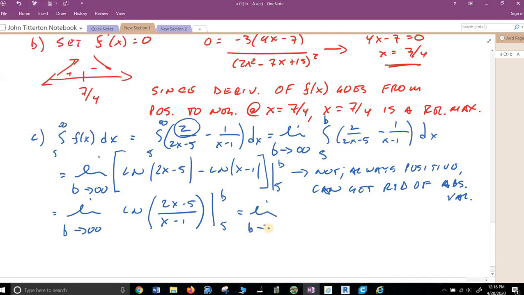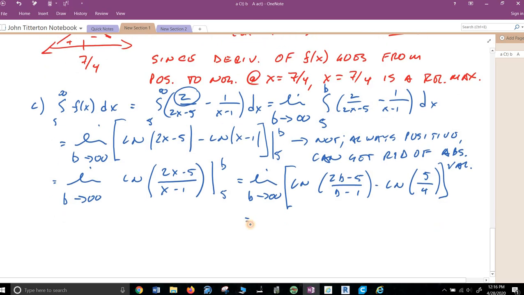Limit as b goes to infinity, ln of 2b minus 5 over b minus 1 minus ln of 10 minus 5 over 4. Hopefully you remember that equals, as it goes to infinity, the b's cancel out, we go with the bigger. ln of 2 minus ln of 5/4, which is 2 divided by 5/4, which is 2 times 4/5, which is ln of 8/5.